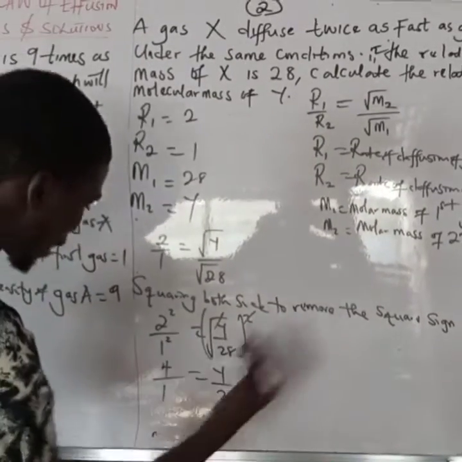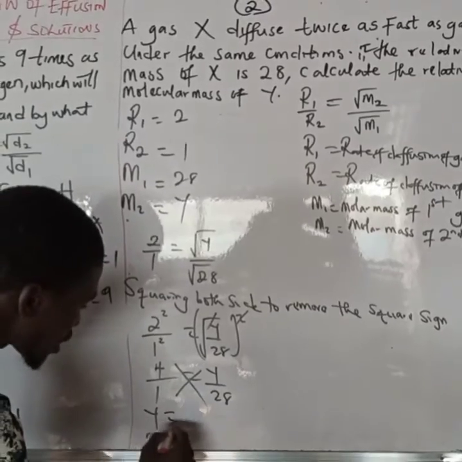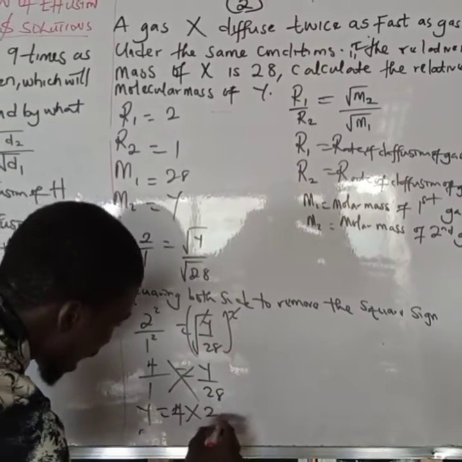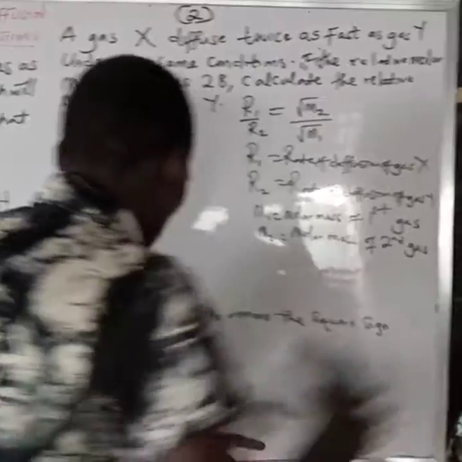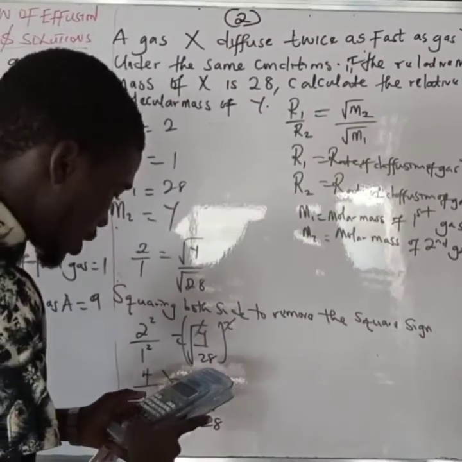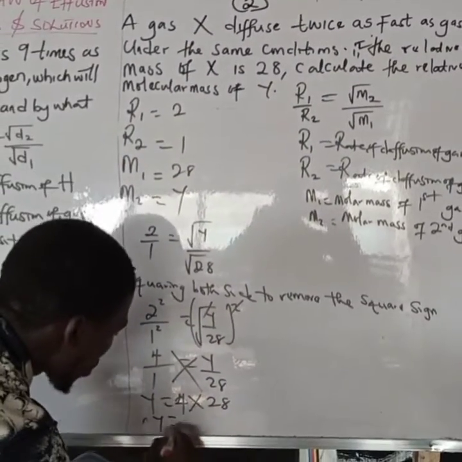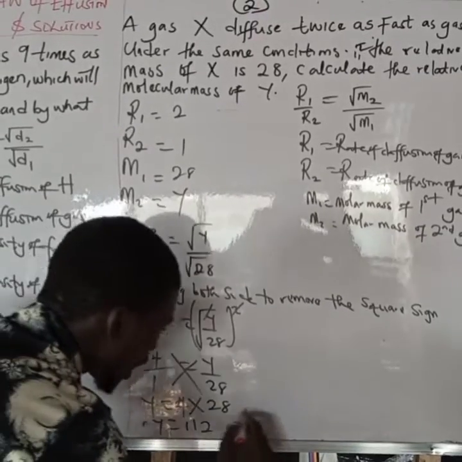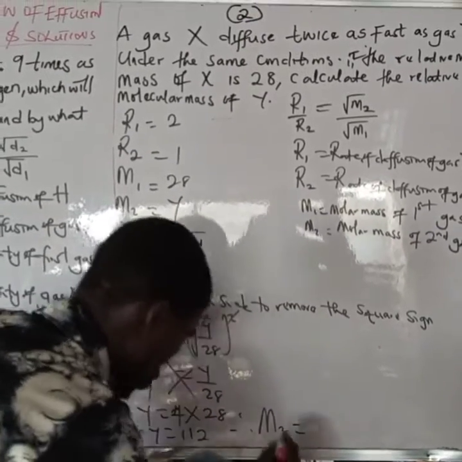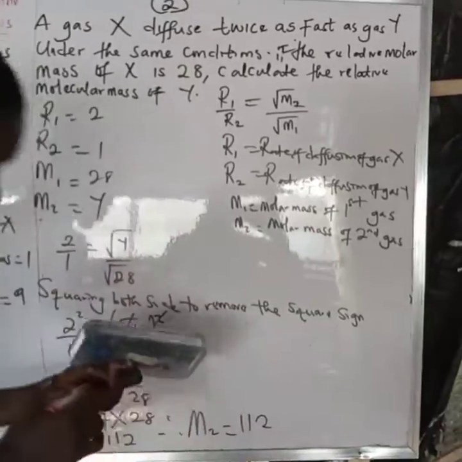Then you cross multiply. So Y is equal to 4 multiplied by 28. So 4 multiplied by 28 will give us Y is equal to 112. Therefore M2 is equal to 112.